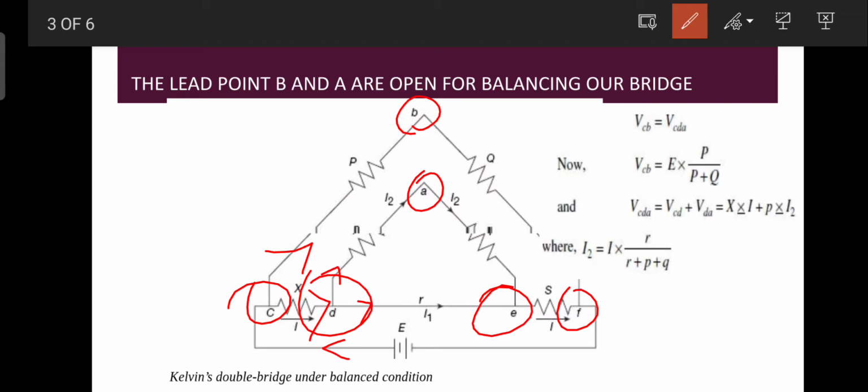So our main purpose is to balance the bridge and calculate the value of the unknown resistance, that is X.